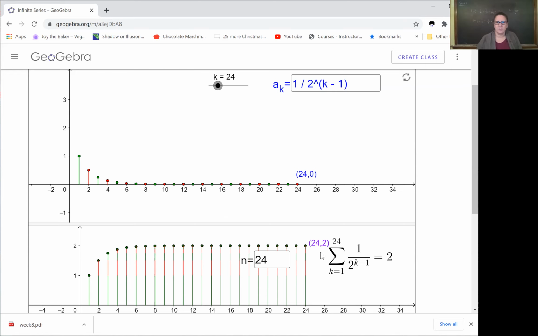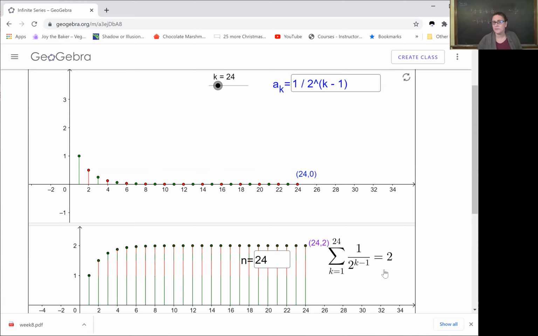It's really like 1.999999999, right? Because if I look at 1 over 2 to the 23rd, that's such a small number. It's not 0, but it's extraordinarily small. Okay, so because this is going down so fast, this can't go up any further.